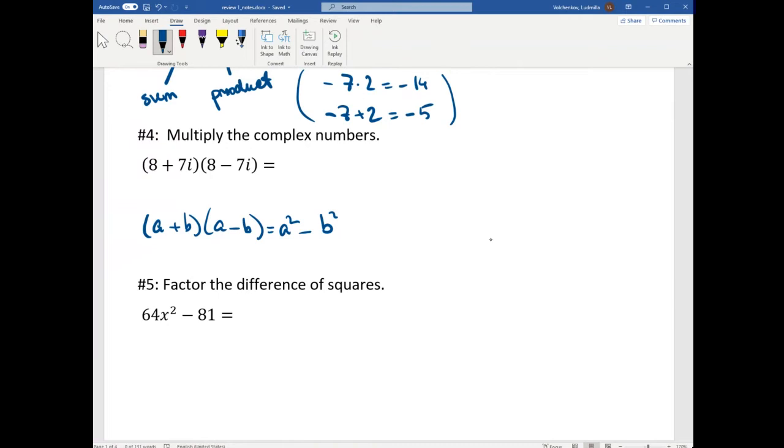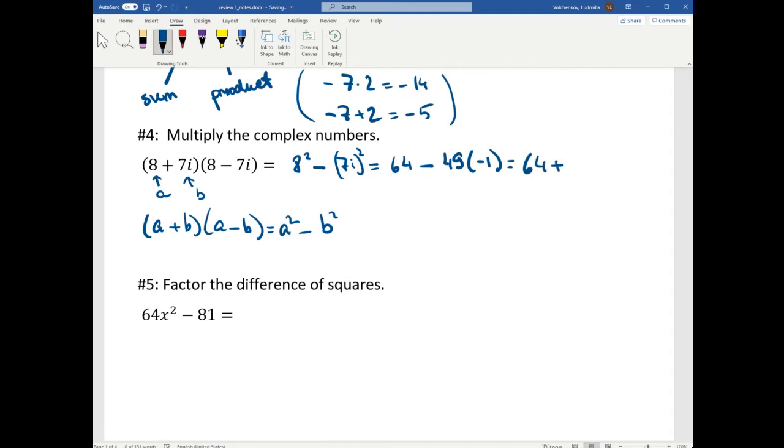So we have here sum times difference. We can write it as a difference of squares. In this case, a is 8 and b is 7i. So we have 8 squared minus 7i squared. 8 squared is 64 minus 7i squared, so 7 squared is 49, and i squared is negative 1.